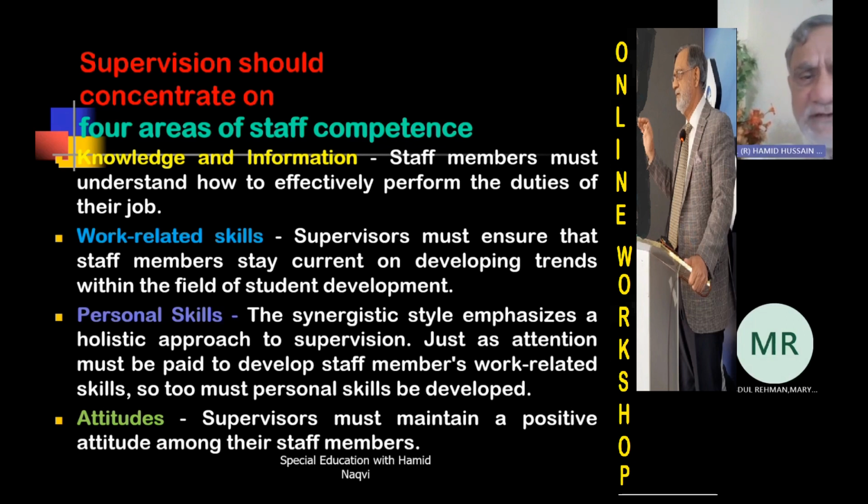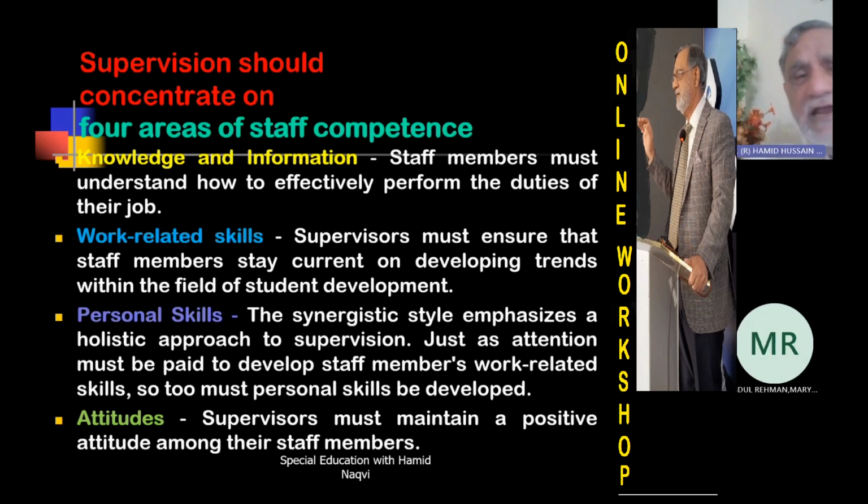Now, the supervisor should see to it that the subordinate staff is well aware of what is expected of them within the given rules and regulations, within the parameters. They know their job description, what they are expected to perform.